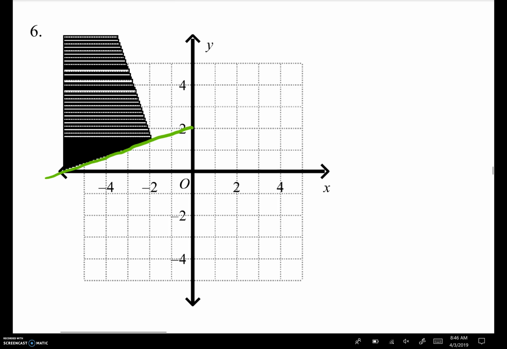Here we go, and the blue one. Now again, I'm making this up. Let's make the blue one dotted. They will be drawn better on your test.